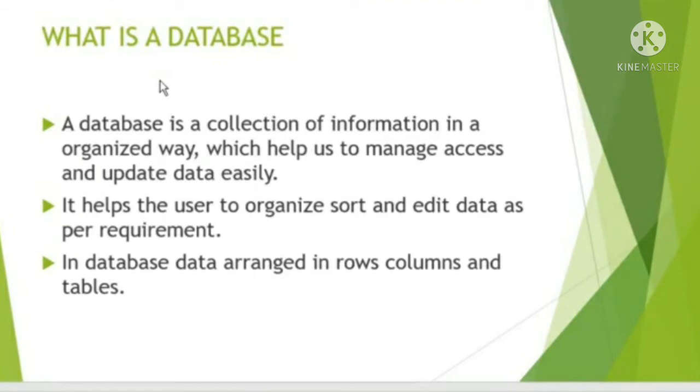It is a collection of information related to a particular subject, like a list of library books or information about an employee. It helps us to organize, retrieve, sort, and edit that data as per our requirements. So a database consists of fields and records.